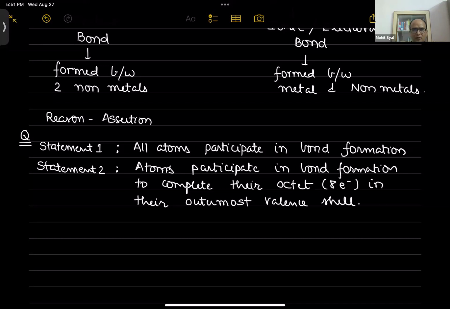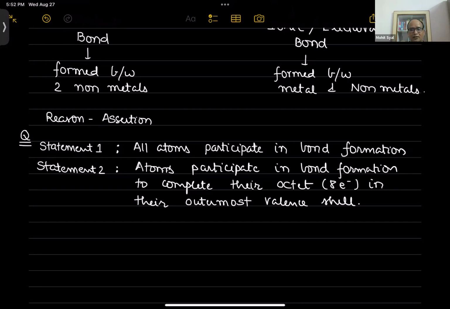If both are true, is the second an explanation of the first, or is it not the explanation? Can you see statement 1 and statement 2 clearly? Very important thing.